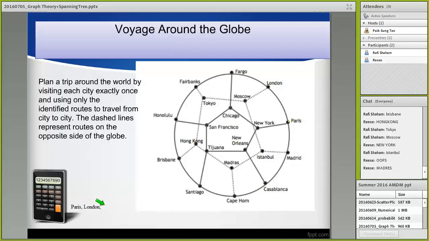Have you been to Madras? Not yet. Madras. Okay, after Madras, well, we've been to Hong Kong, so we have to go to Cape Horn. That's the only choice.